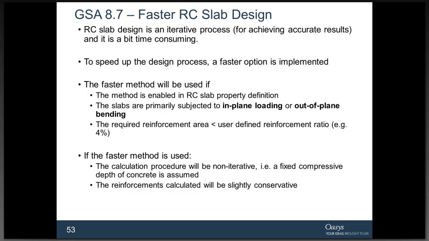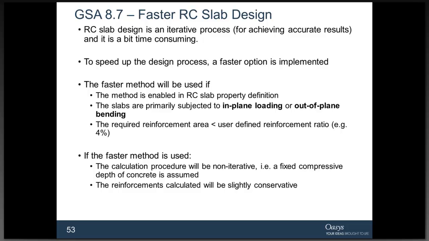Firstly, you need to enable the faster method. If you want to use the faster method, you need to enable it in the Oasys slab design property definition. You go to the Oasys slab property definition table. When you double click it, it opens a wizard. On the wizard, there is an option you can enable for faster design.